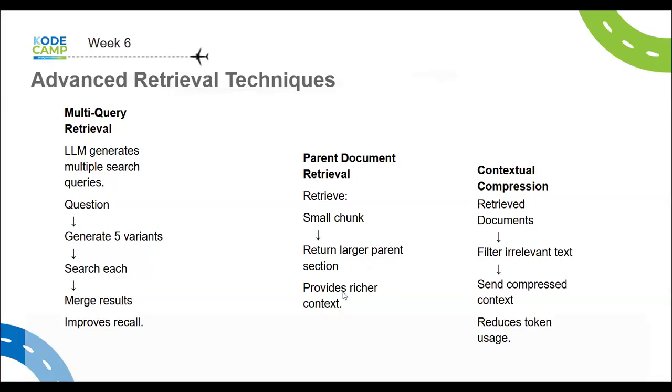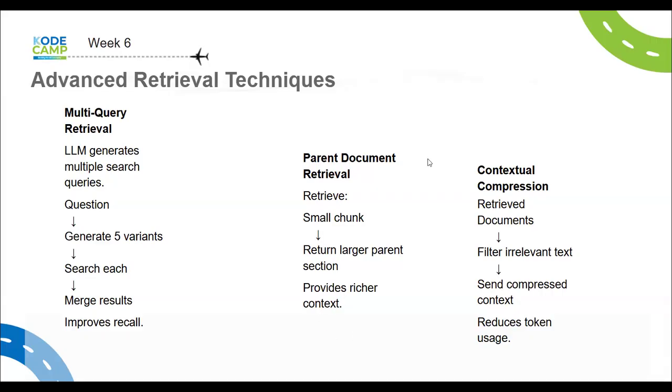Then we also have contextual compression. In this one, the documents that are retrieved, you still filter out irrelevant text from them so that when you want to send that retrieved context, you send a compressed version. The benefit of this is it reduces token usage.